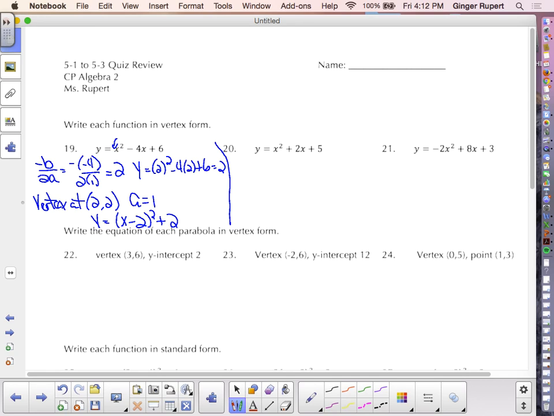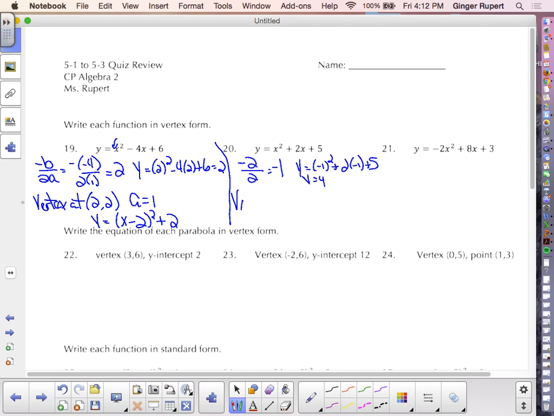Number 20, again, minus b over 2a gives me minus 2 over 2, gives me an x-coordinate at minus 1. Substitute that minus 1 into the equation. Minus 1 squared plus 2 times minus 1 plus 5 is going to give me a y-coordinate at 4.